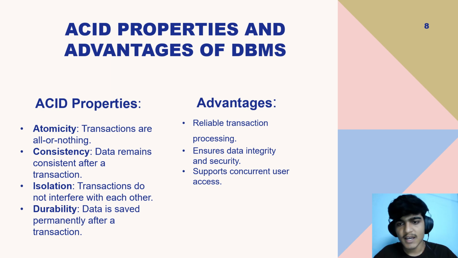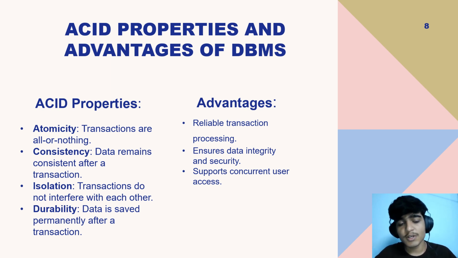Then there is consistency. As we discussed in the previous slide, the data is consistent throughout the database and not different for local users. Isolation. The transactions do not interfere with each other. It means that when there are multiple simultaneous transactions, each transaction is carried out in isolation and does not affect another transaction.